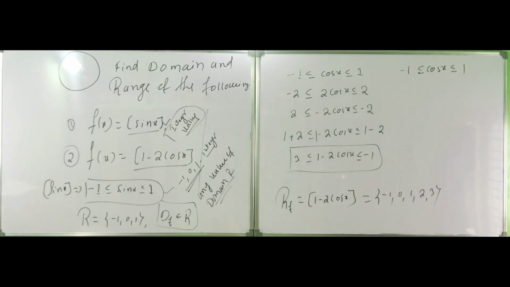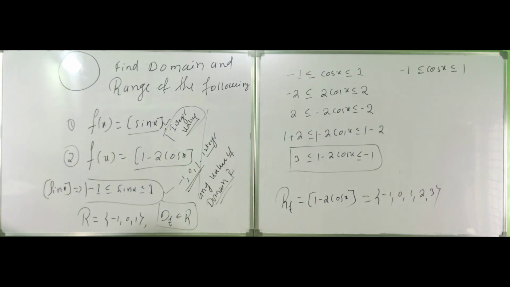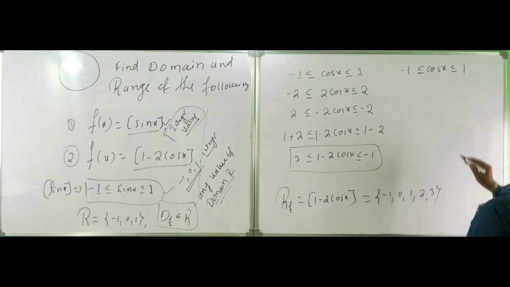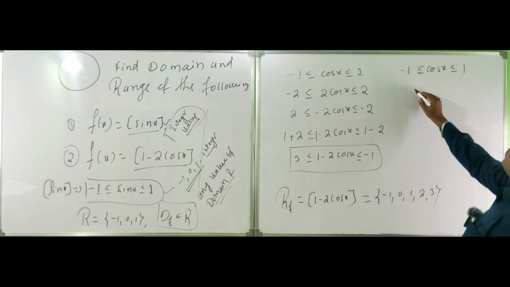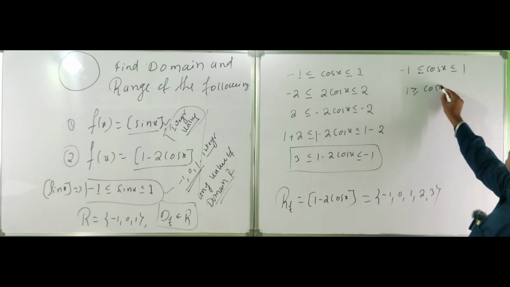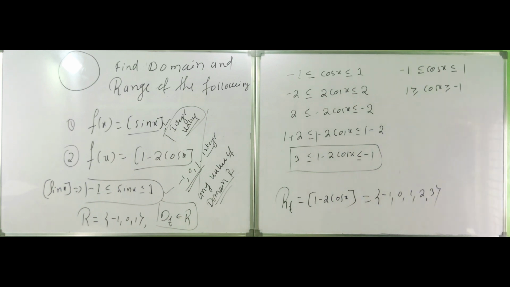Let's take the minus 2 to the left side. Changing the sign, it becomes plus 1 is greater than or equal to cos x, which is greater than or equal to minus 1.